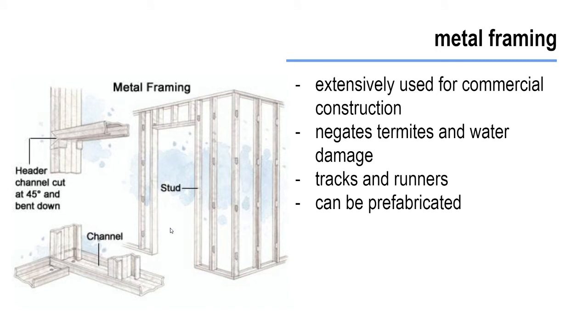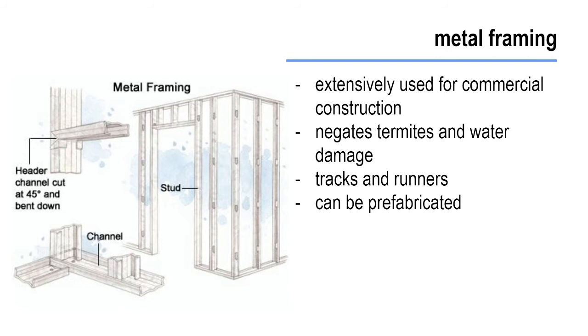Metal framing or light gauge metal is used extensively in commercial construction and places where the strength of structural steel or reinforced concrete is not required. So metal framing can also be really popular in home building where termites and water damage are known to be big problems and issues in that area.